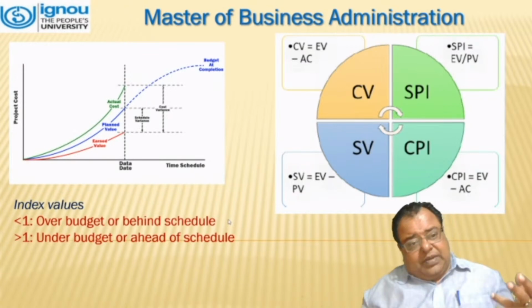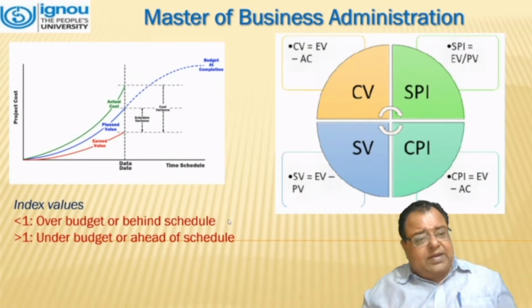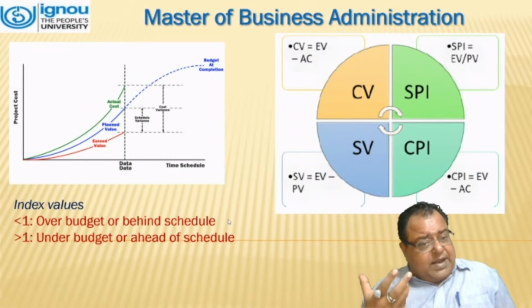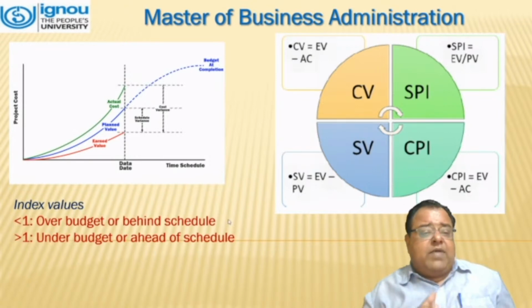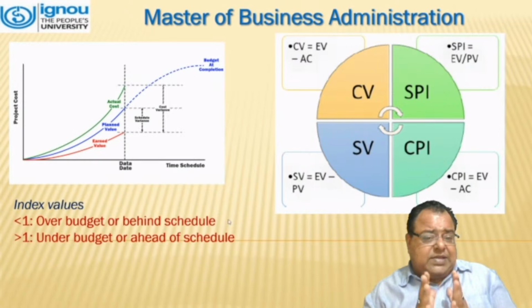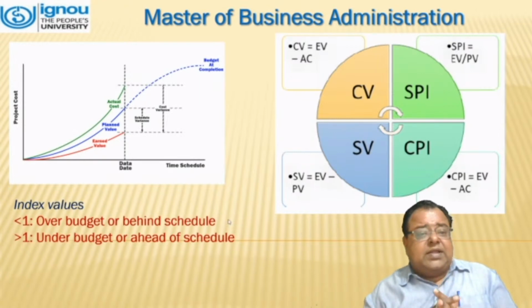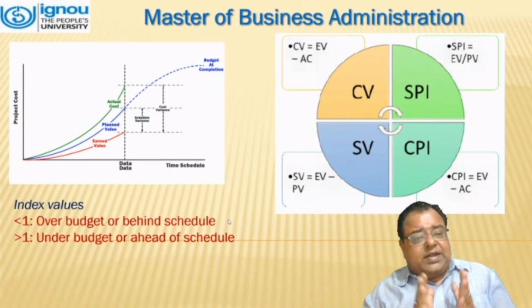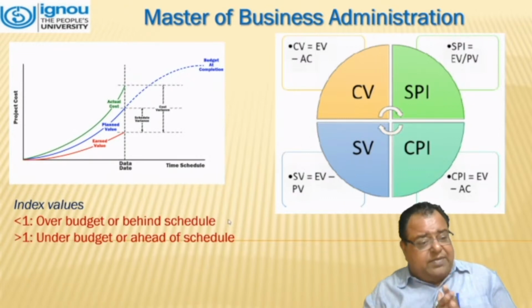And graphically, we have earlier seen that now we are in this graph which is related to project cost and the time schedule. There are three different parts, that is the actual cost, the budget at completion, and the earned value. When we are drawing this diagram, we can see the differences of the cost variance, schedule variance, and the data date.